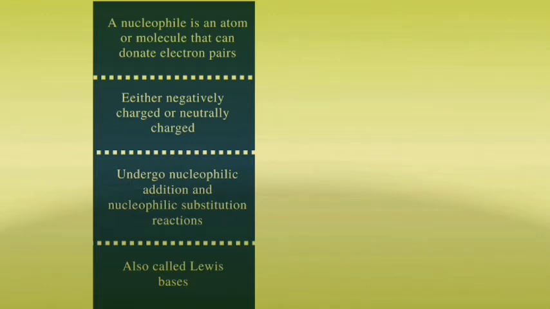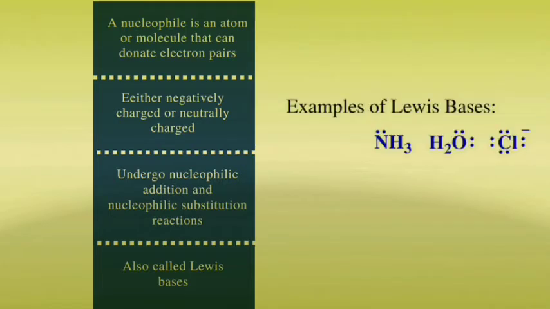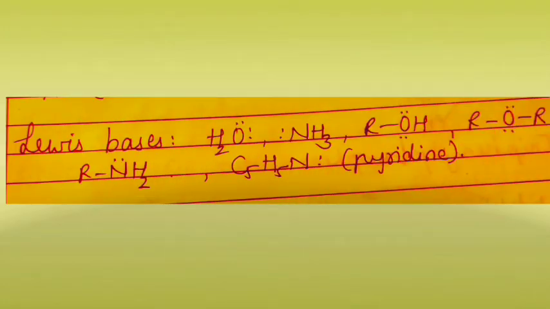They are electron donors. Therefore, they are also considered as Lewis bases. For example, water H2O, ammonia NH3, alcohol ROH, ether ROR, amine RNH2, pyridine C5H5N, etc.